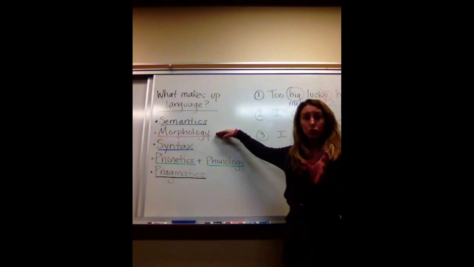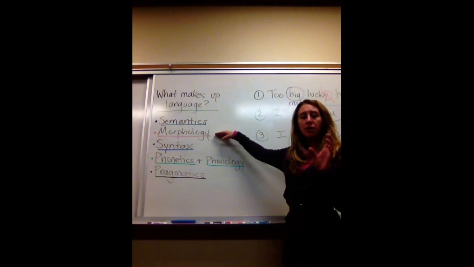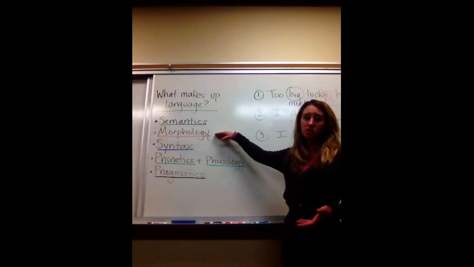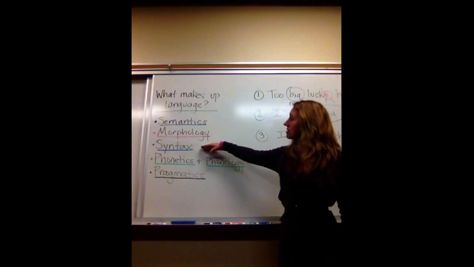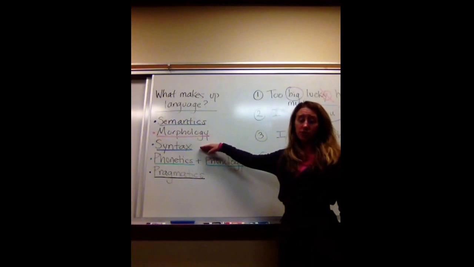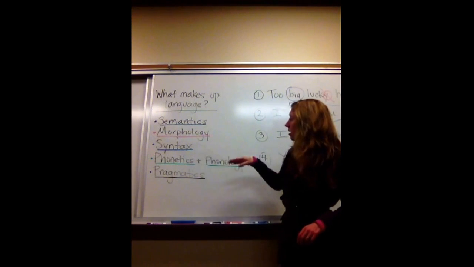Morphology, the root words, and whether or not you add other endings or beginnings to the word to change the grammar, to change the meaning, that kind of thing. That's morphology. Syntax, the order of words. And every language has a set way of ordering words.